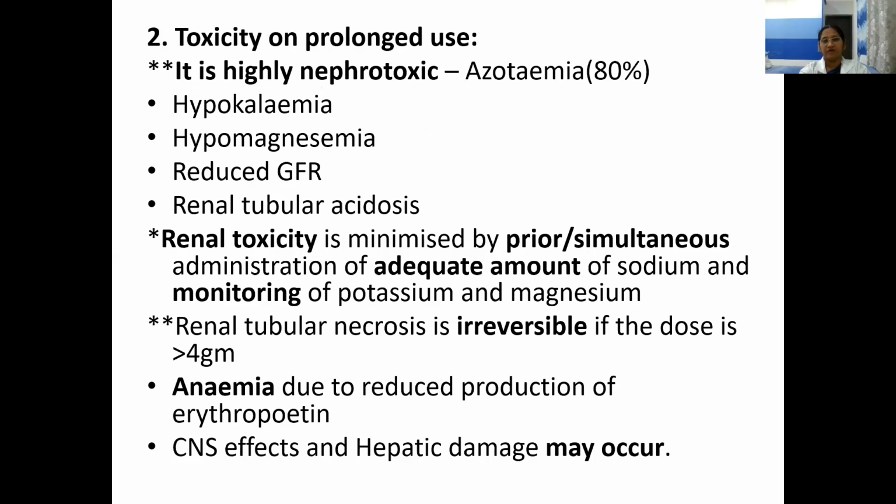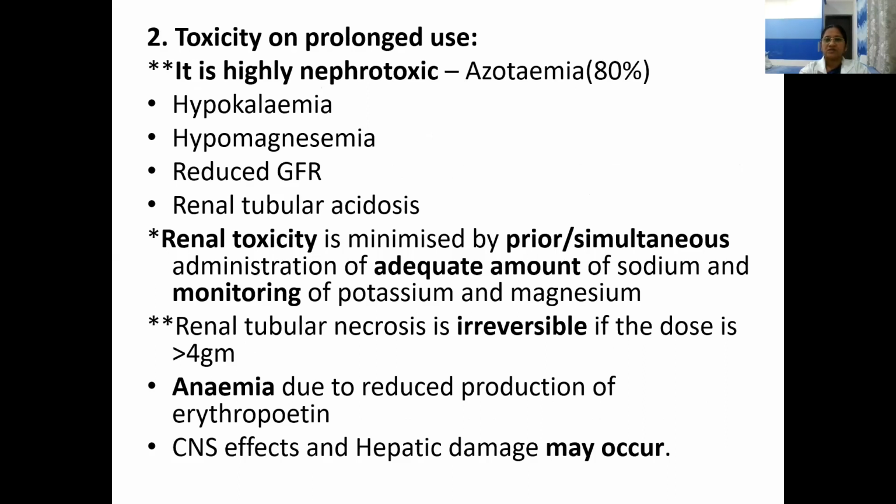Coming to the second toxicity, that is toxicity on prolonged use. It is highly nephrotoxic. About 80% azotemia will occur, leading to hypokalemia, hypomagnesemia, reduced GFR, and renal tubular acidosis. Renal toxicity is minimized by prior or simultaneous administration of adequate amounts of sodium and monitoring of potassium and magnesium.